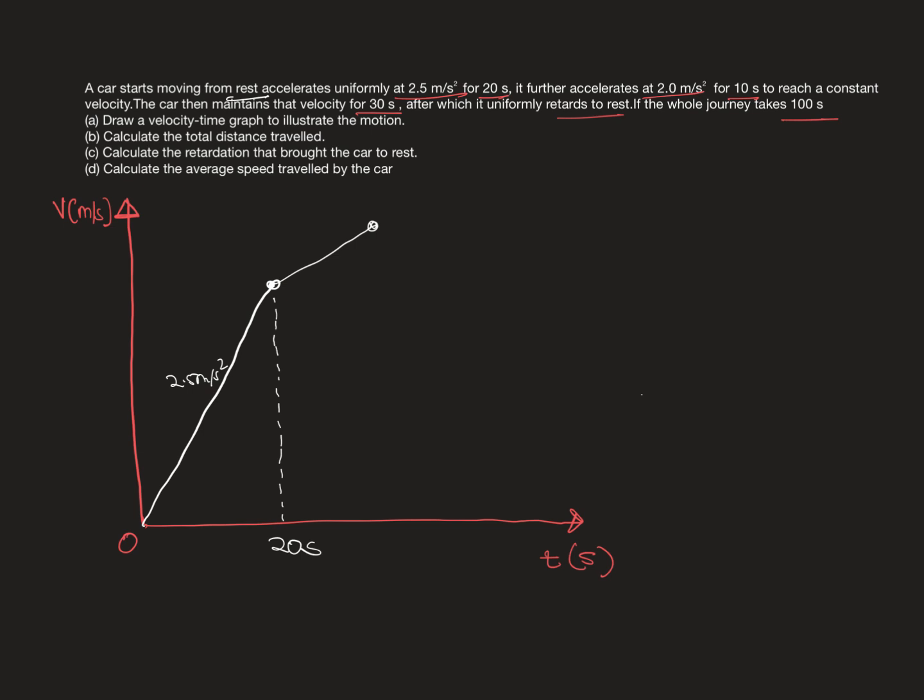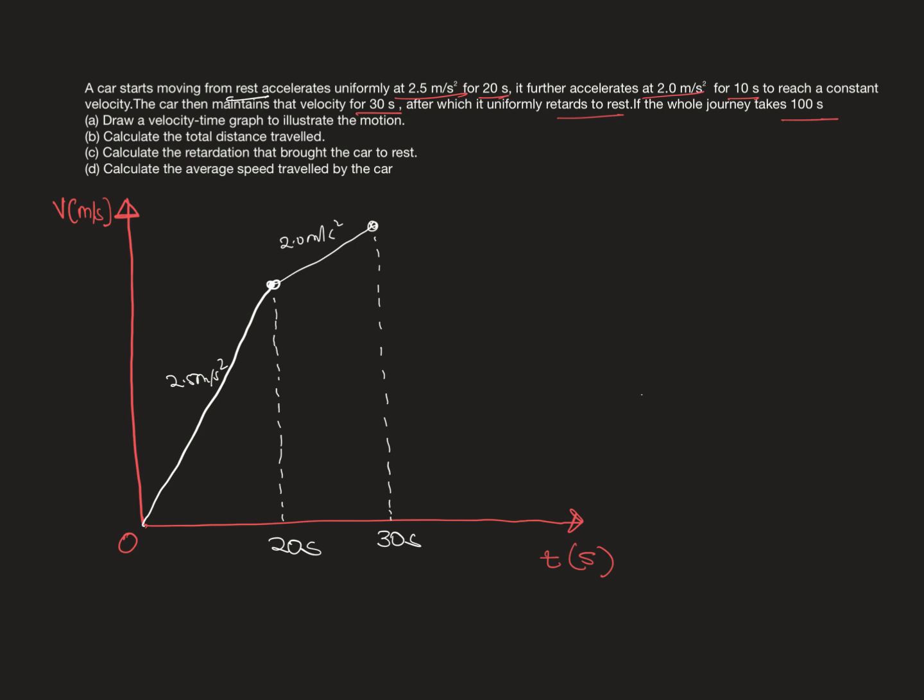It further accelerates at 2.0 meters per second squared for how many seconds? For 10 seconds. So if we add it to the 20 seconds that has already been previously traveled, the total will be 30 seconds. Okay, then what happens after the acceleration?